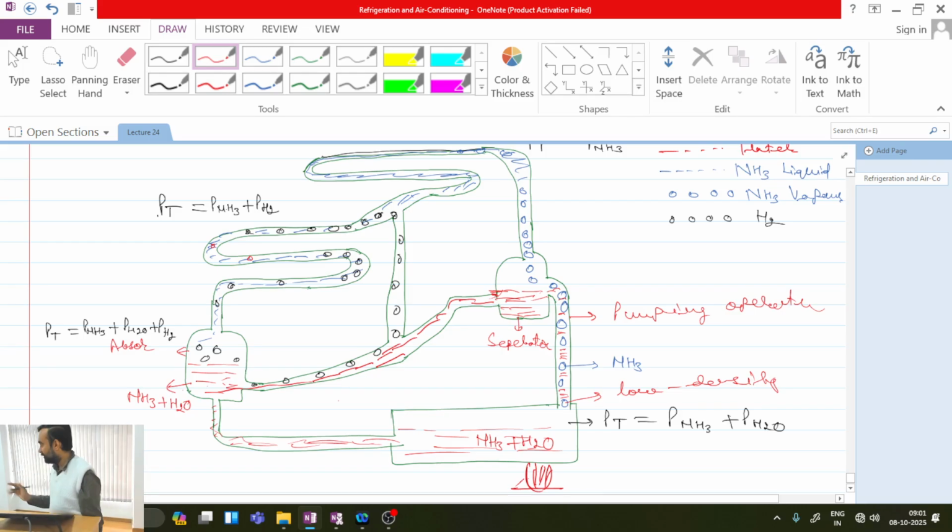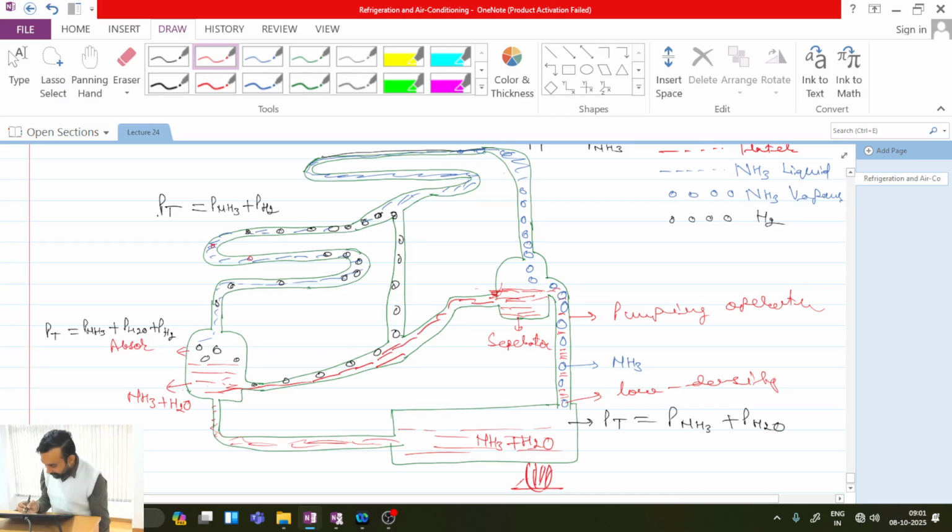Is this clear? Otherwise vapor can also enter this route, so we have to avoid entry of vapor in this route. Correct? So it should always be below the liquid level.